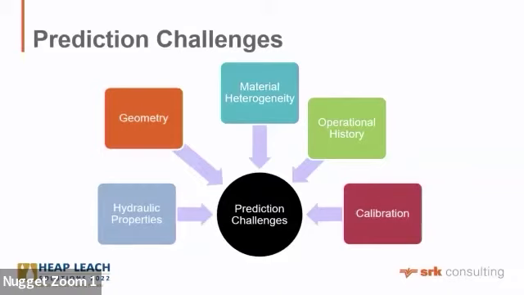Then operational history is one of the big challenges because of the cyclical operation. The various phases get irrigated, then a new layer is put on top and irrigated again, and all these things influence the inventory of solution in the pile that we need to deal with at closure.